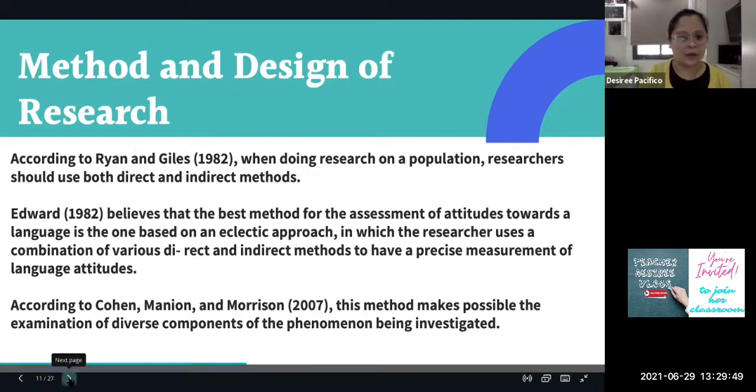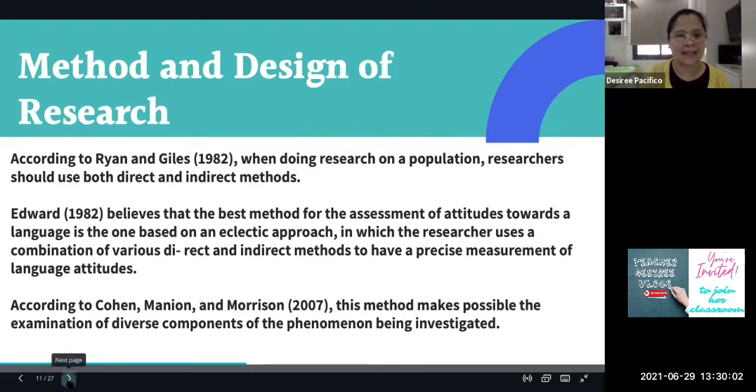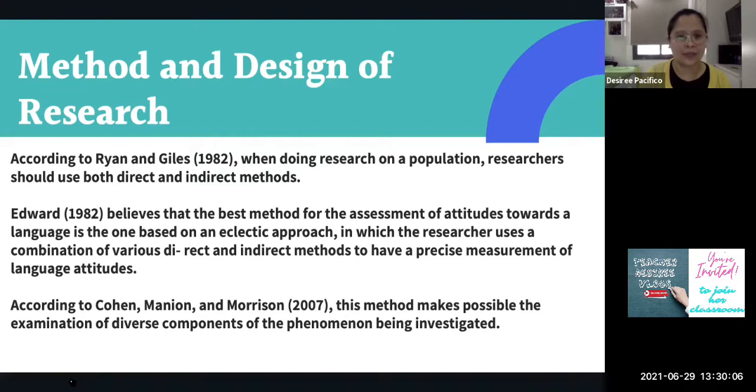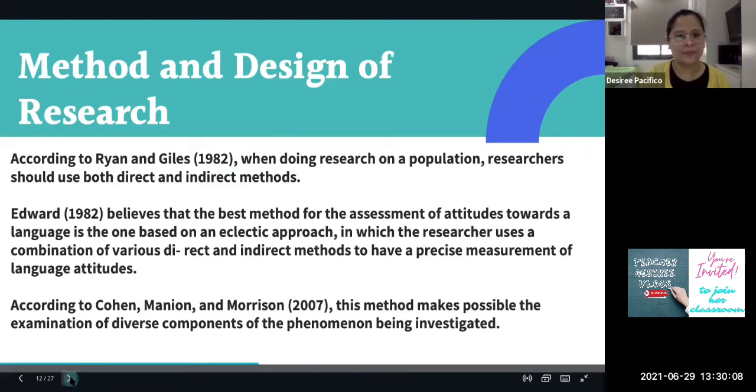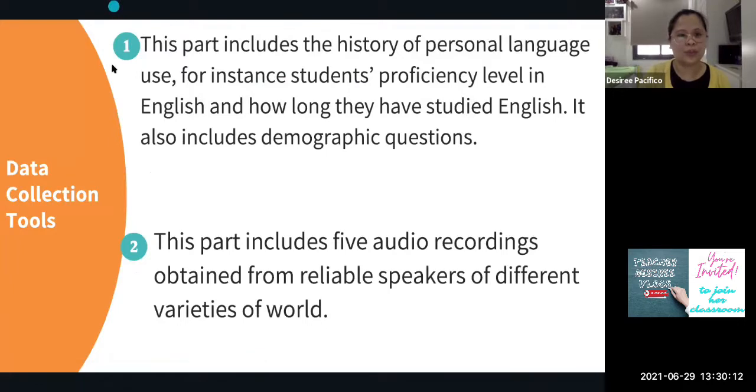So reliable research needs to have various designs and methods so the data that will be collected will be reliable and authentic. So what are the data collection tools that are used in this research?